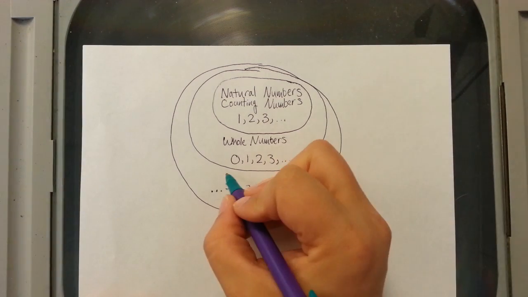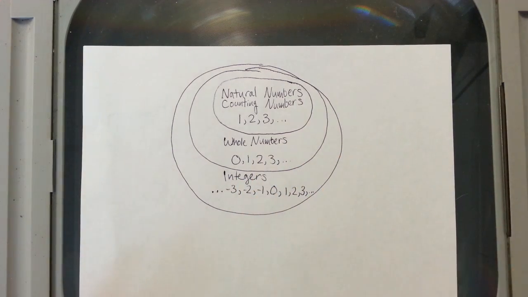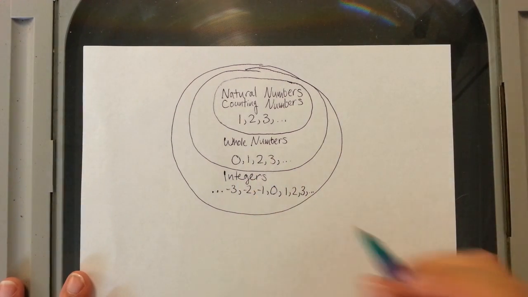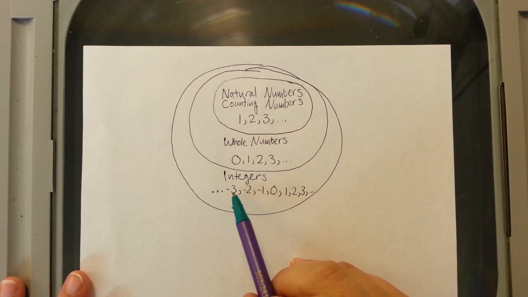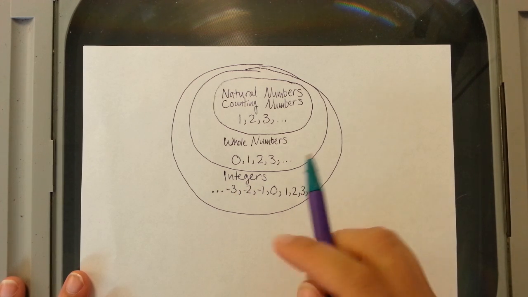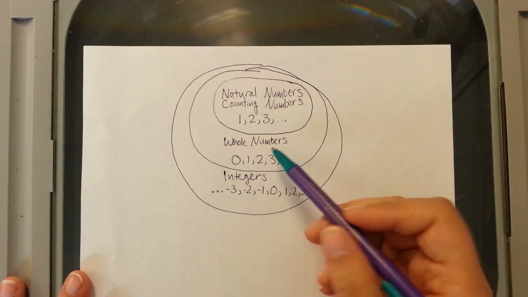And those are called integers. So whole numbers are integers, but not all of the integers, like -3, is not a whole number. So all the whole numbers are integers, but not necessarily all the integers are whole numbers.